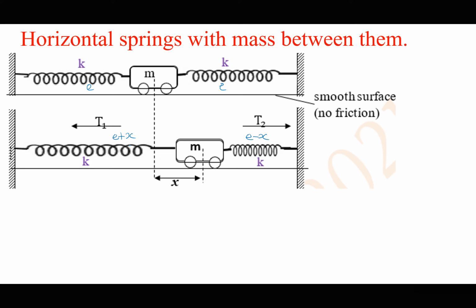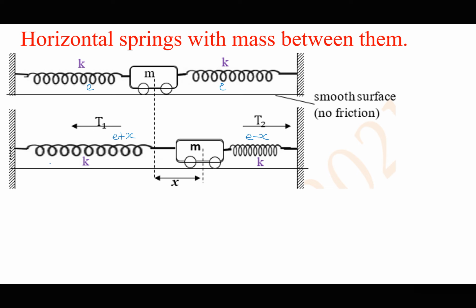So if the mass is displaced through a small distance x, say to the right, one spring extends by x, the other spring compresses by the same amount x. So the tensions have now changed.